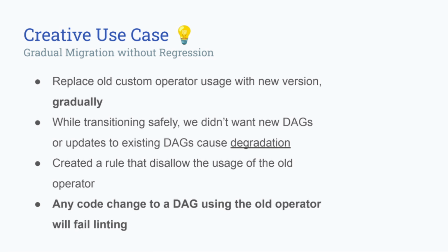When you already migrated a DAG to the new version, someone can accidentally take it back to the previous version, or even introduce new DAGs that use the old version. By creating a rule that disallows the usage of the old operator, we made sure that every PR opened with a DAG file containing this old operator will not be able to be merged, and then we force the migration on this DAG.